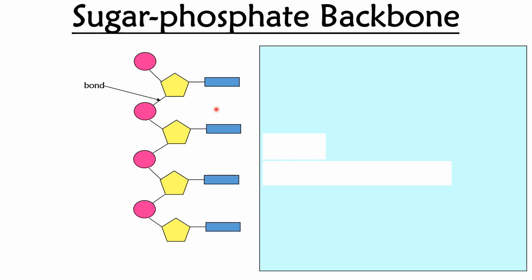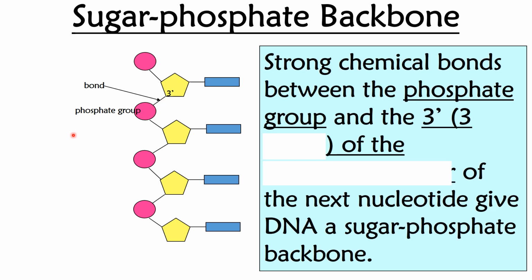So put them together, and this is what you've got. You've got a bond here between one nucleotide and the next one in the strand, and you can see, and this is important, the bond is at the 3 carbon, and that little apostrophe there, we say prime, so that's the 3' carbon. So there's a bond between that and the phosphate group of the next nucleotide.